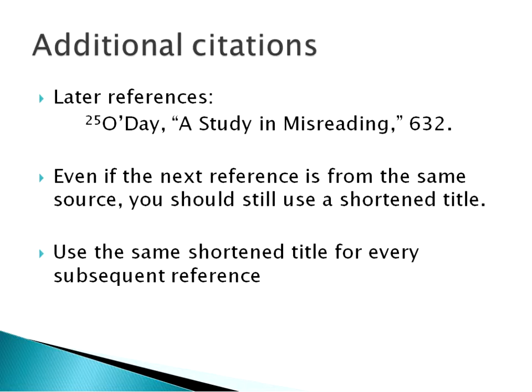So if 25 is O'Day, the shortened title, page number, and 35 is a reference again, you don't suddenly do O'Day, John 7:53 through 8:11, page 638. Keep the same shortened title. How you shorten it is up to you, but keep the same one each time you refer back to that article. That make sense? So you don't have all the information every time you cite it in a paper.